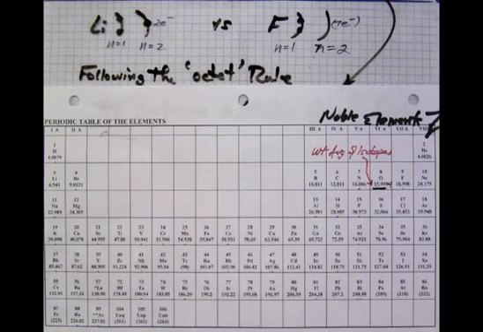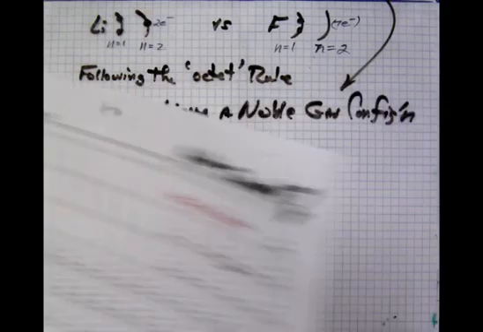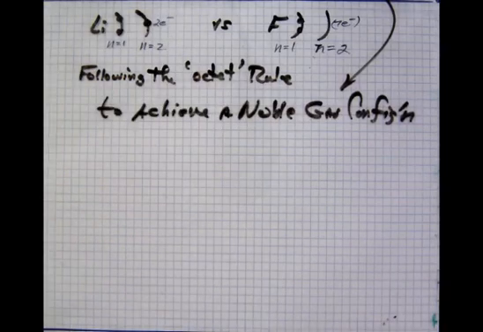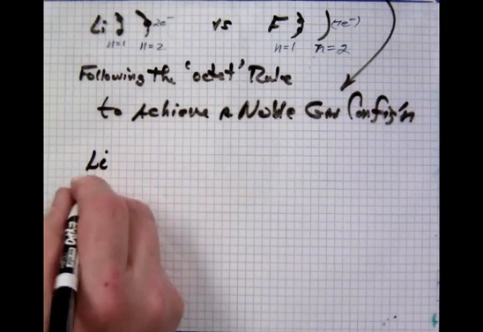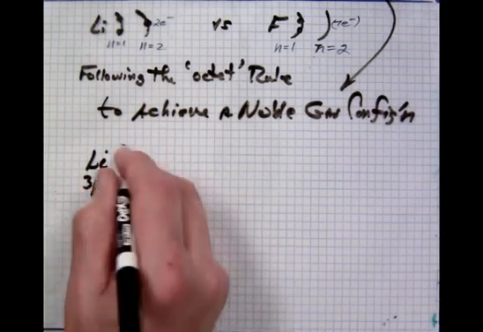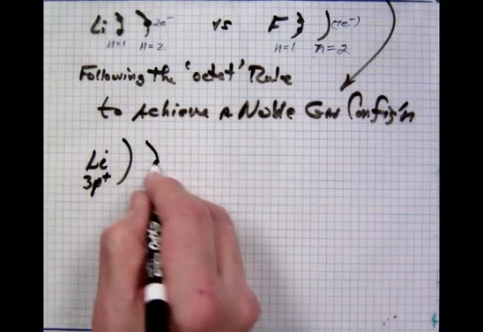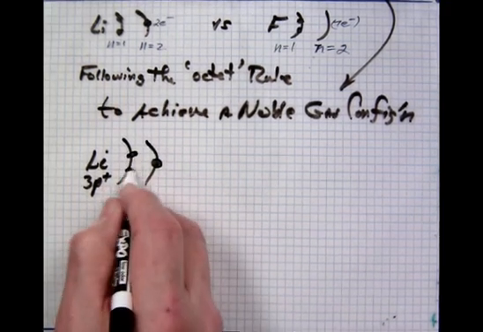Based upon the number of protons in the nucleus, that governs the gain and loss of electrons. Lithium has 3 protons in the nucleus and 1 electron right here.